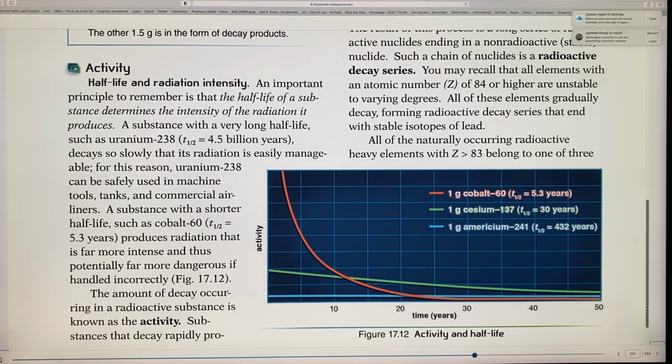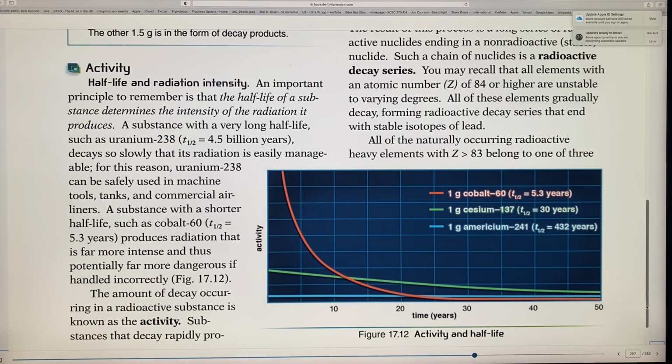A substance with a short half-life, such as cobalt-60, has a half-life of 5.3 years, and it produces radiation that is far more intense, thus potentially far more dangerous if handled incorrectly. So the half-life of a substance determines the intensity of the radiation.